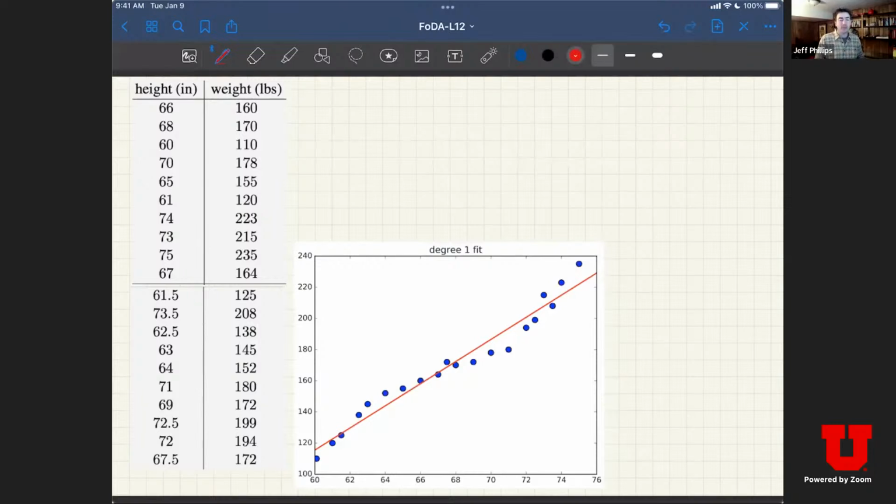So I added more people with height and weight, sometimes with half inches and so forth. I've drawn the linear model, but what I'm going to want to do is find a polynomial model.